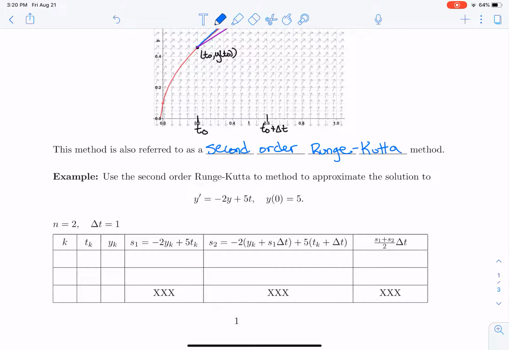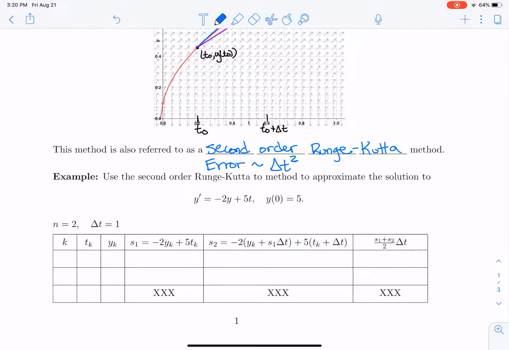So this method was developed by two German mathematicians, Runge and Kutta. It's called a second order Runge Kutta method because the error in this method is proportional to delta t squared. Now, something I didn't mention in the last video is that the error for Euler's method is proportional to delta t, our time step size.